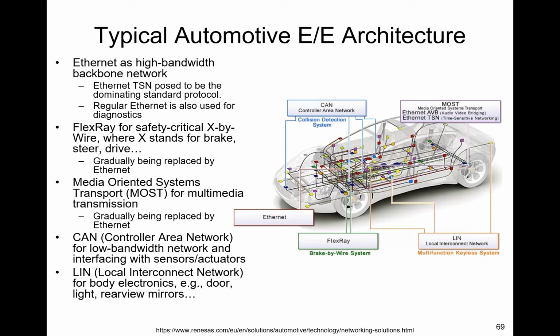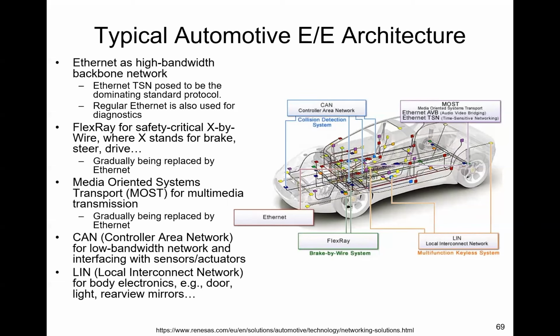So you have Ethernet as the high bandwidth backbone network. The dominating standard is Ethernet time-sensitive networking, TSN. The regular Ethernet may also be used for non-real-time applications, such as diagnostics. But Ethernet TSN is a standard for hard real-time systems with strict timing guarantees for messages on the bus.